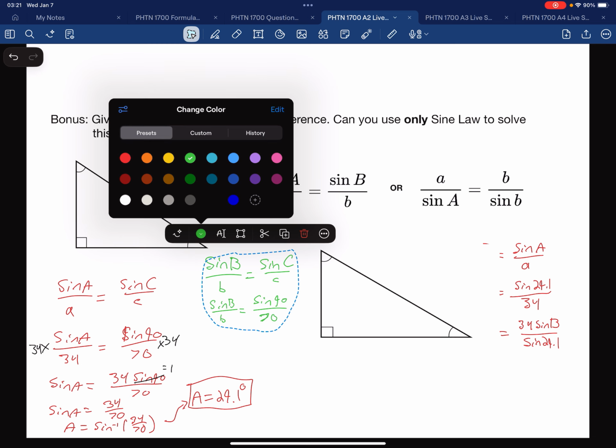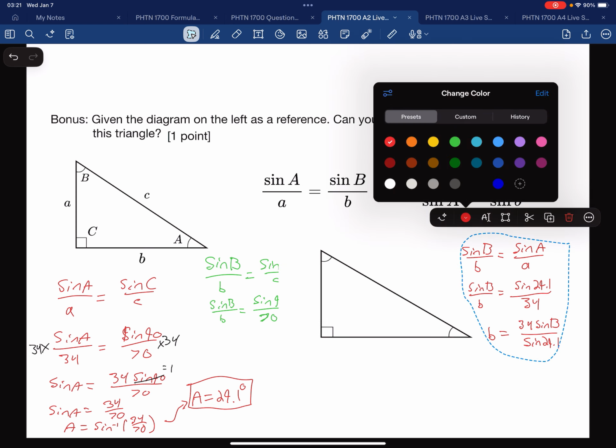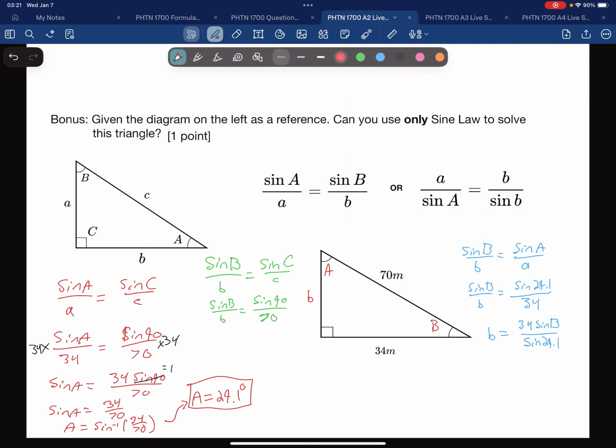And then we can sub that into our equation over here. So now this goes in here, and I have sine B over 34 sine B over sine 29.1 equals sine of 90 over 70.